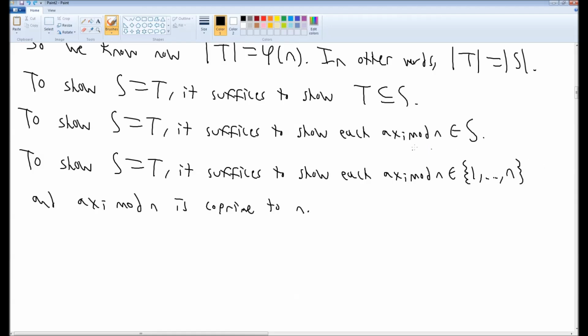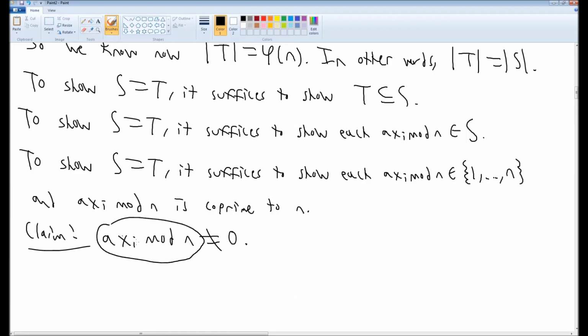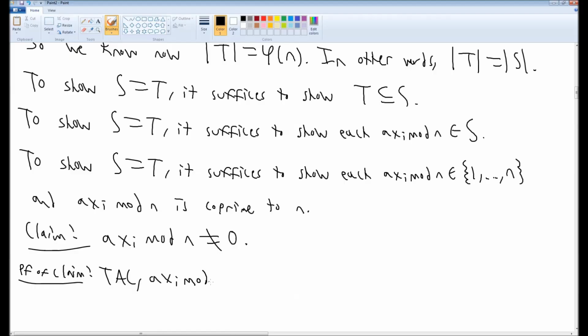Okay, now here's the thing. When you do something mod n, remember, you get an answer that's between 0 and n minus 1. So we already know that this guy's between 0 and n minus 1. So to show that it's between 1 and n, it just suffices to show that this is not 0. So I claim that this guy is not zero. And why is it not zero? Well, towards a contradiction, assume that it is zero.